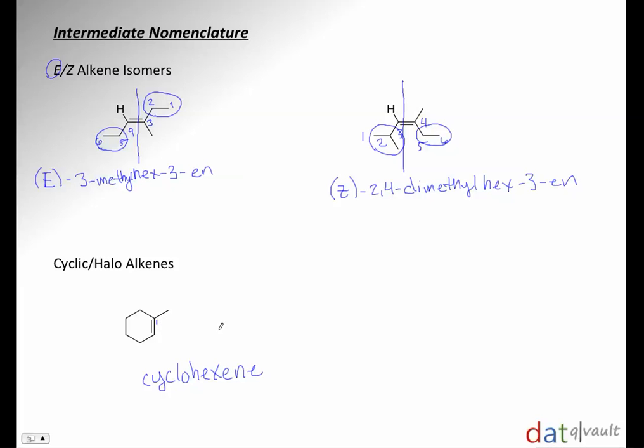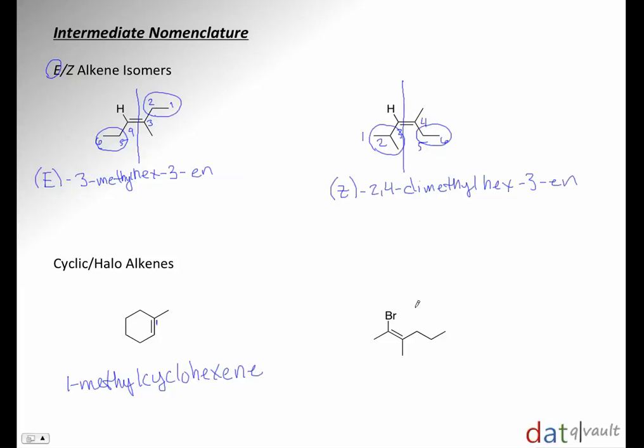The methyl group is going to be at the 1 position on the alkene, since the alkene itself gets priority. So this is going to be 1-methylcyclohexene. We don't need to give cyclic alkenes cis or trans, E or Z configurations because if the cyclic structure is under 9 carbons, it's always going to be in the cis configuration.